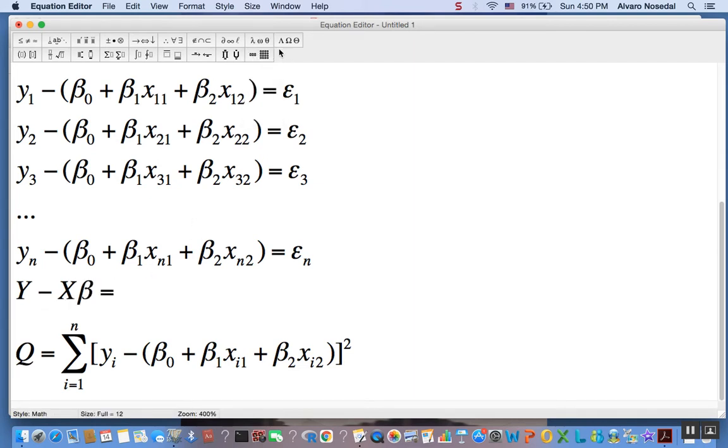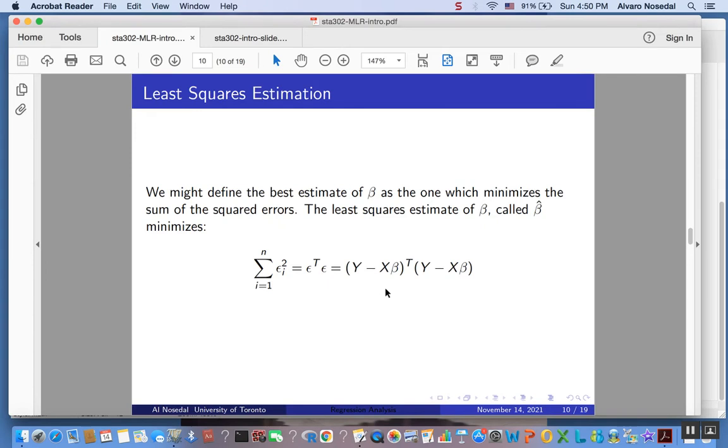Remember that we are using just epsilon without a subscript to denote that vector that contains all the epsilons, all the random fluctuations. So this is just using matrix notation. But as you can see, this is going to be a quantity that, using jargon from linear algebra, is a scalar.